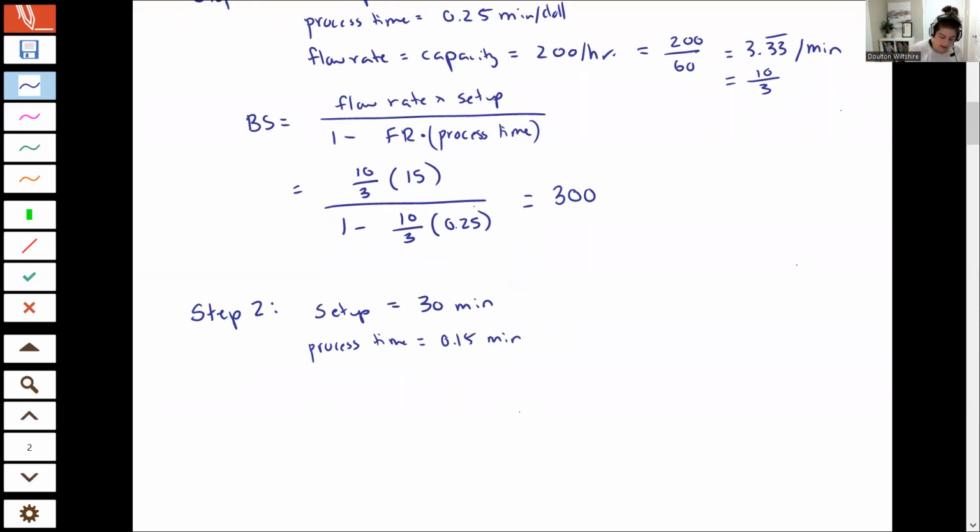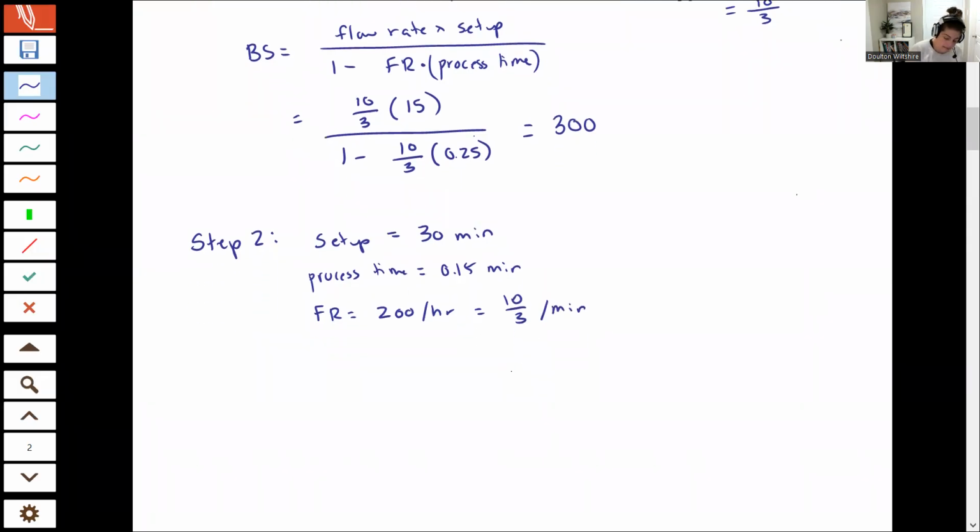And our goal here is still to have that flow rate of 200 per hour or 10 over 3 per minute. And so when I calculate my batch size here, okay, same thing. So my flow rate times my setup time over 1 minus my flow rate times my process time. So what do I get here?